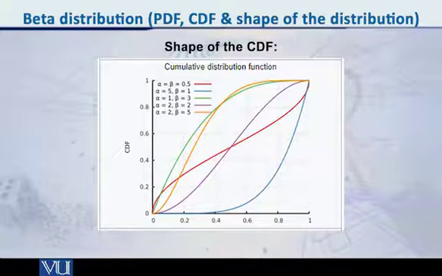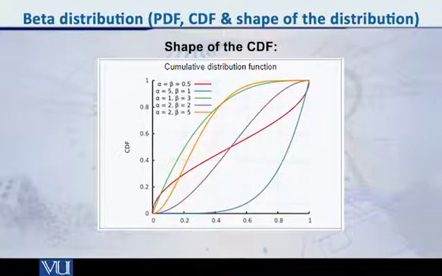But for alpha equal to 5 and beta equal to 1, the CDF is going up in one monotonic form, but it is concave upward. For alpha equal to 1 and beta equal to 3, the CDF is going up in a monotonic form, but it is concave downward. Similarly, you can see the rest as well.